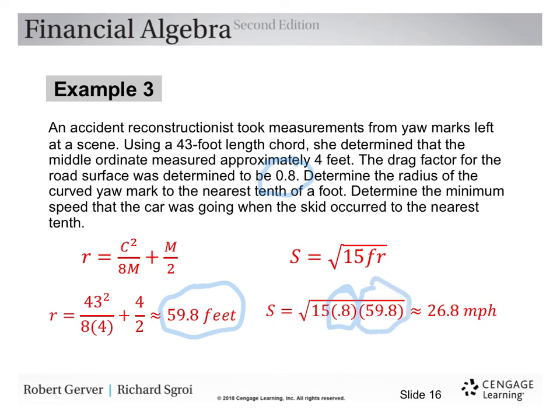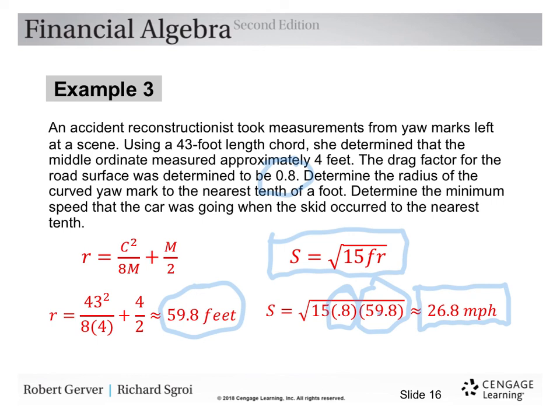Okay, and we're going to plug that in, like I said in the previous slide, into the formula S is equal to the square root of 15 FR. So I multiply 15 times 0.8 times 59.8, take the square root of it, and I come out with that her speed was 26.8 miles per hour when the yaw marks were created, okay?